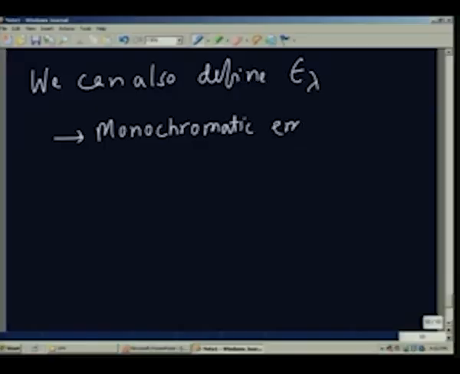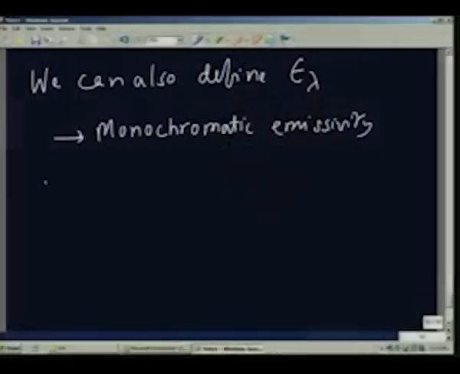I think this amount of background is adequate for appreciating what we are going to talk about. It is possible to define a monochromatic emissivity, and correspondingly also a monochromatic absorptivity and a monochromatic reflectivity.